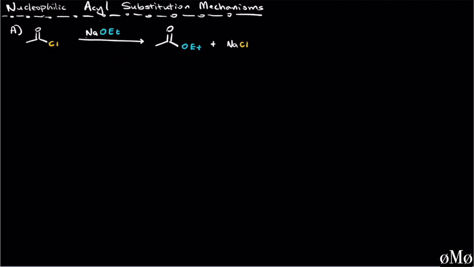So in order to approach a problem like this, it's a good idea to establish some key things. First of all, what kind of carbonyl compound do we have? Is it going to be very reactive or susceptible to nucleophilic attack, or not so susceptible to nucleophilic attack? And we've already established that our acid chlorides are very susceptible to nucleophilic attack, which means that carbonyl carbon is very, very reactive.